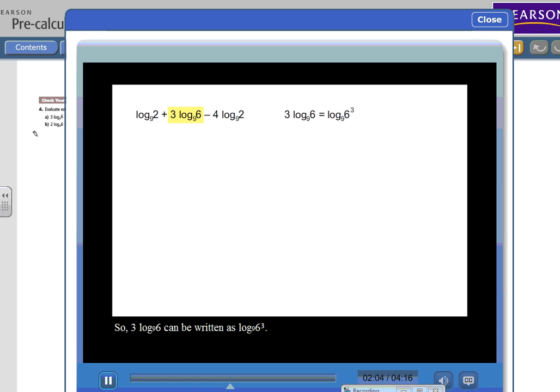So, 3 log base 9 of 6 can be written as log base 9 of 6 to the power of 3. For 4 log base 9 of 2, n equals 4, b equals 9, and x equals 2. So, 4 log base 9 of 2 can be written as log base 9 of 2 to the power of 4.